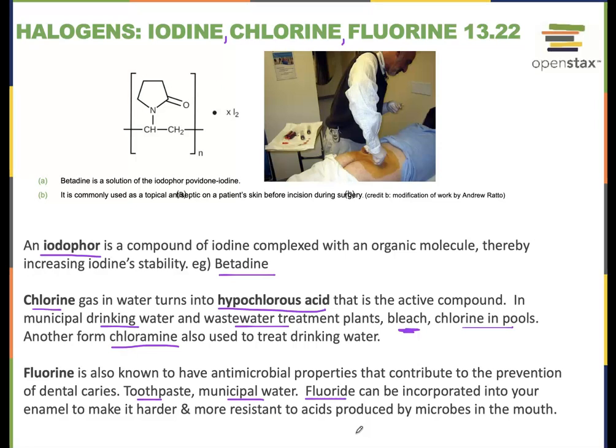The acids will erode your enamel, and then underneath your enamel there's soft tissue, and so the bacteria will start to grow into that soft tissue, and then that can get into the root of your tooth, and basically that's how a cavity starts, by eroding the enamel. So by putting fluoride in the water, you're going to help everybody harden the enamel to prevent cavities.